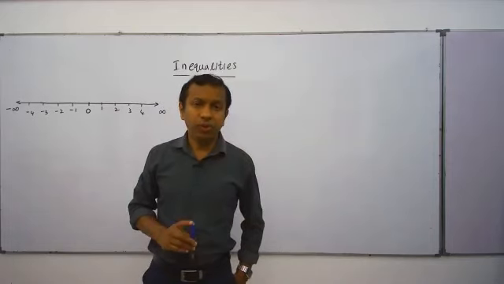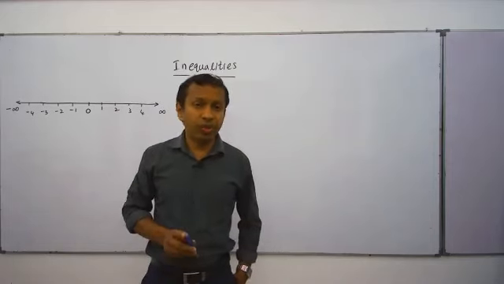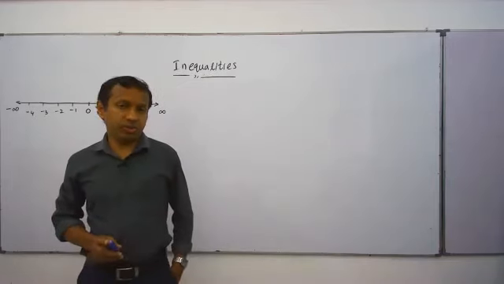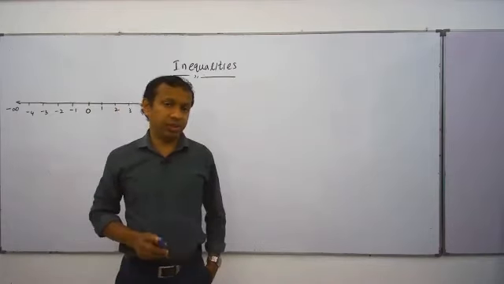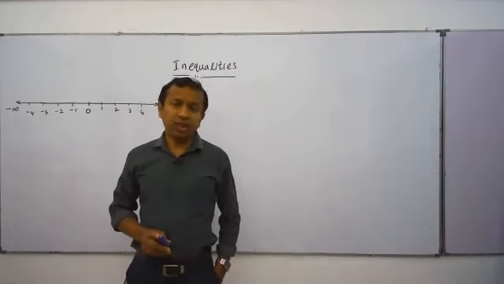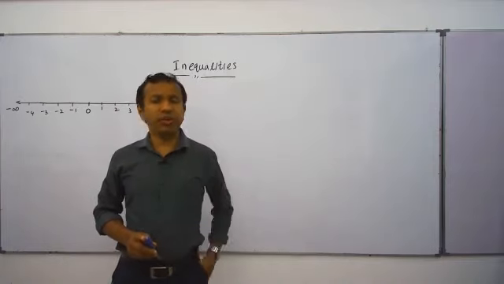So the negative infinity and positive infinity are called not real numbers. They are imaginary. In other words, such values in real life nobody can find.